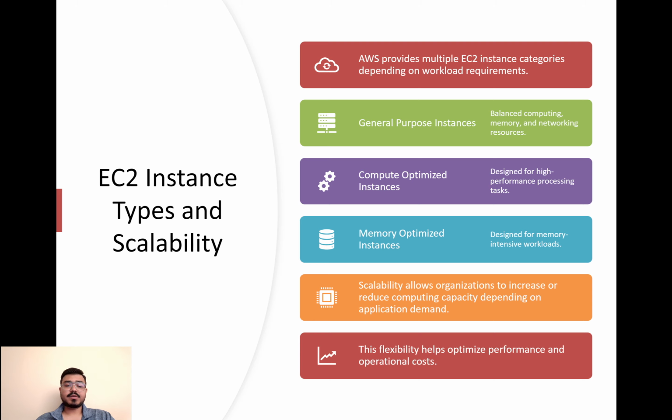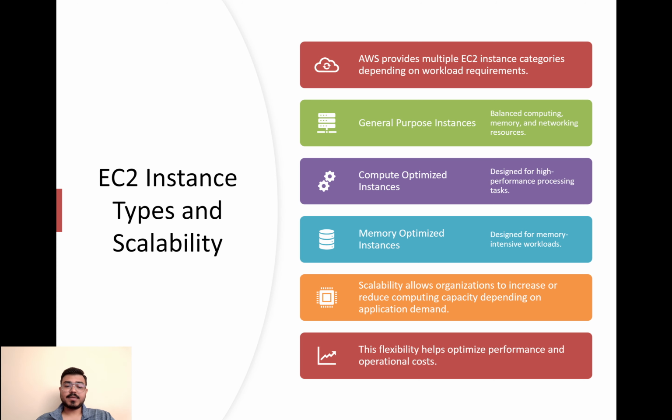The second category is compute optimized instances. These are designed for high performance processing tasks. Applications that require heavy computation often benefit from these instance types. Examples include scientific computing and analytics workloads. The third category is memory optimized instances. These are designed for applications requiring large memory resources. Examples include databases and advanced analytics systems.